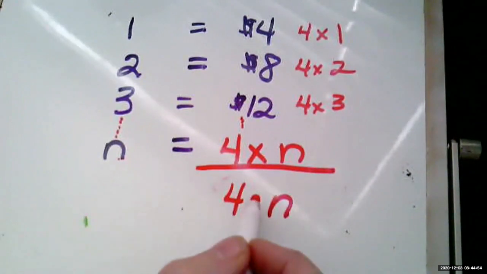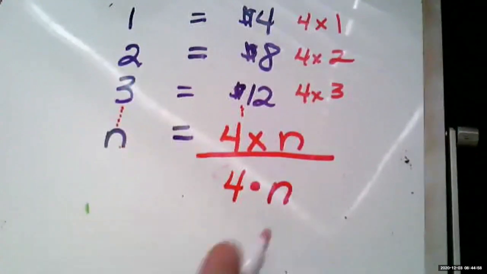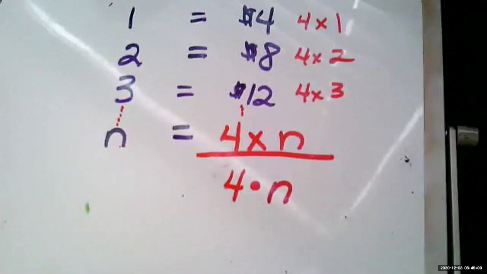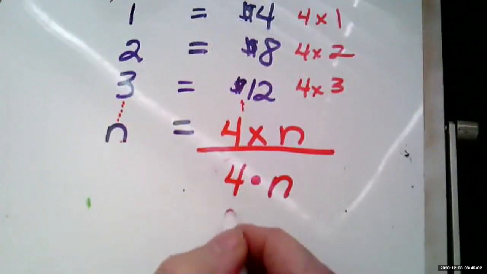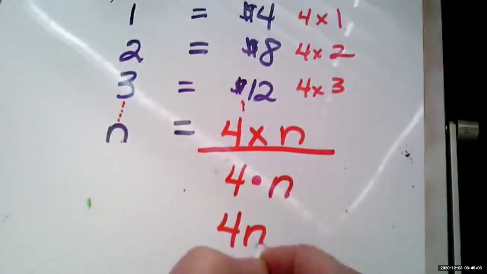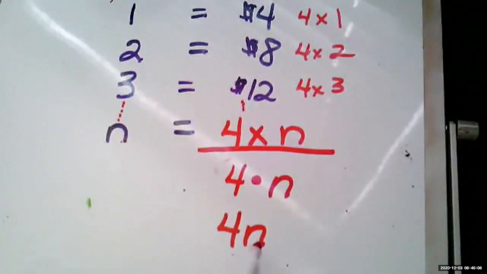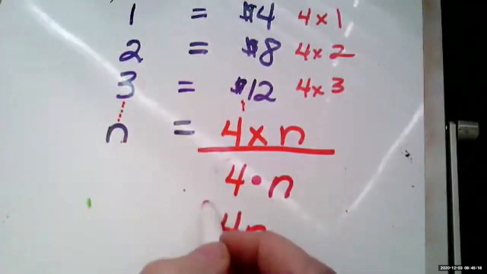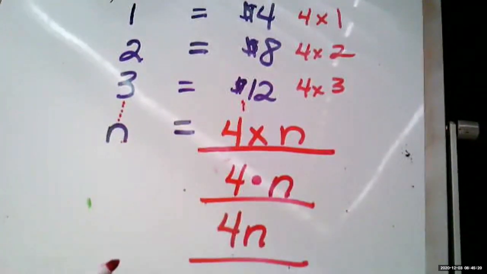So you can replace the x with a dot, and the dot means multiply. Or kind of like what we learned in our order of operations, you can put the 4 right next to the n, and if there's 2 things that are touching and nothing in between, it also automatically means multiply. Okay, so there's 3 different ways you can write multiplication problems.